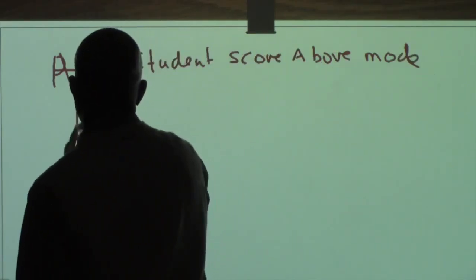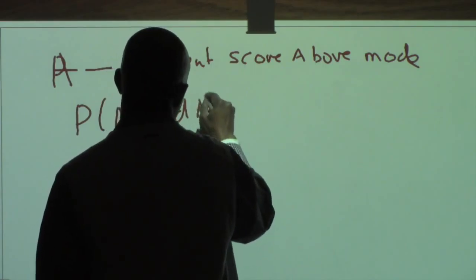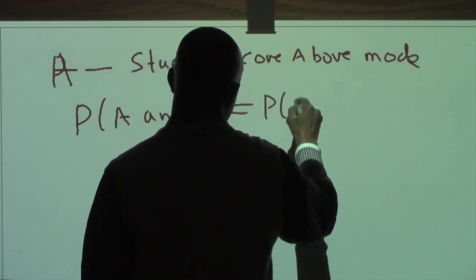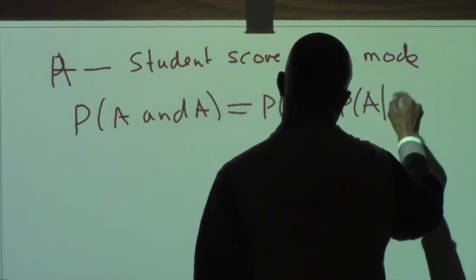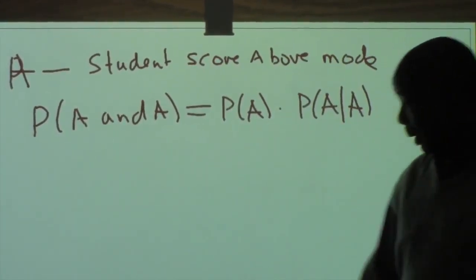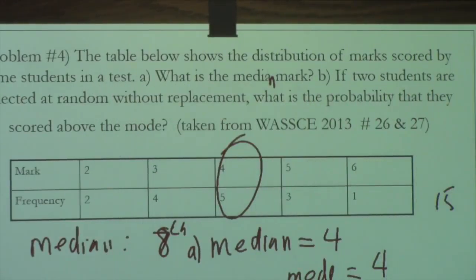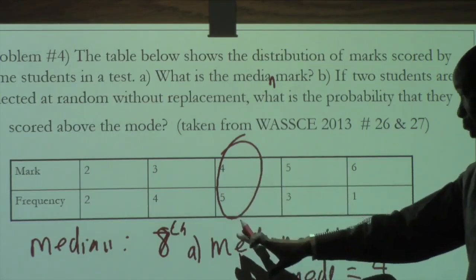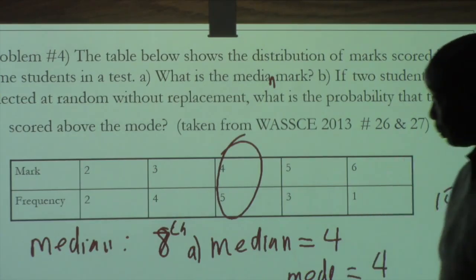To find the probability that both score above the mode, we have to do the probability of A times the probability of A given A. Let's go back. Initially, how many students do we have? 15. How many of them scored above the mode? The mode is 4. How many scored above the mode? 3 plus 1, 4.